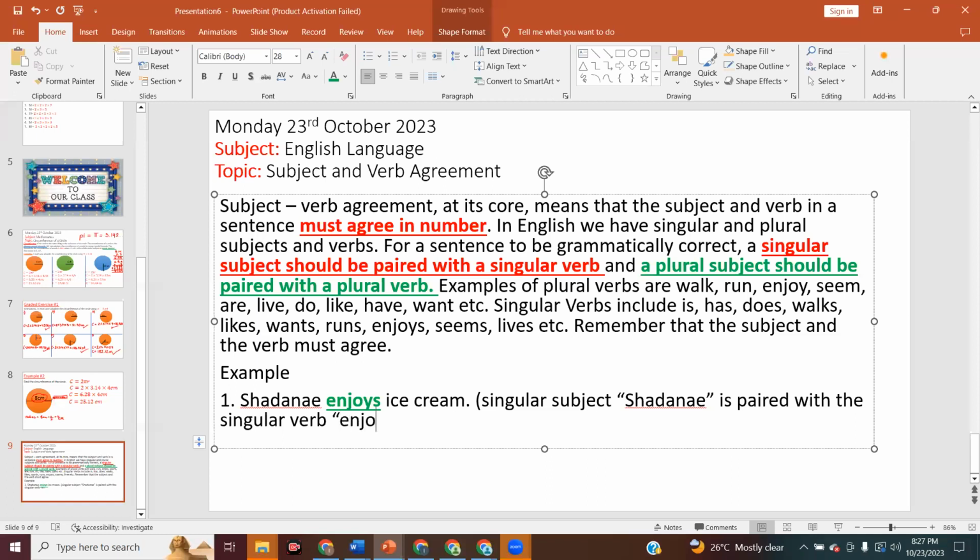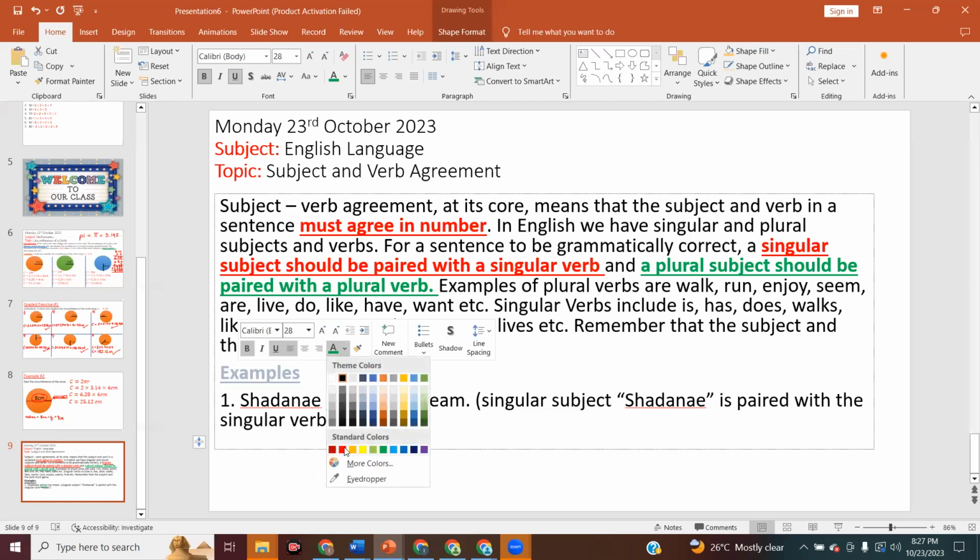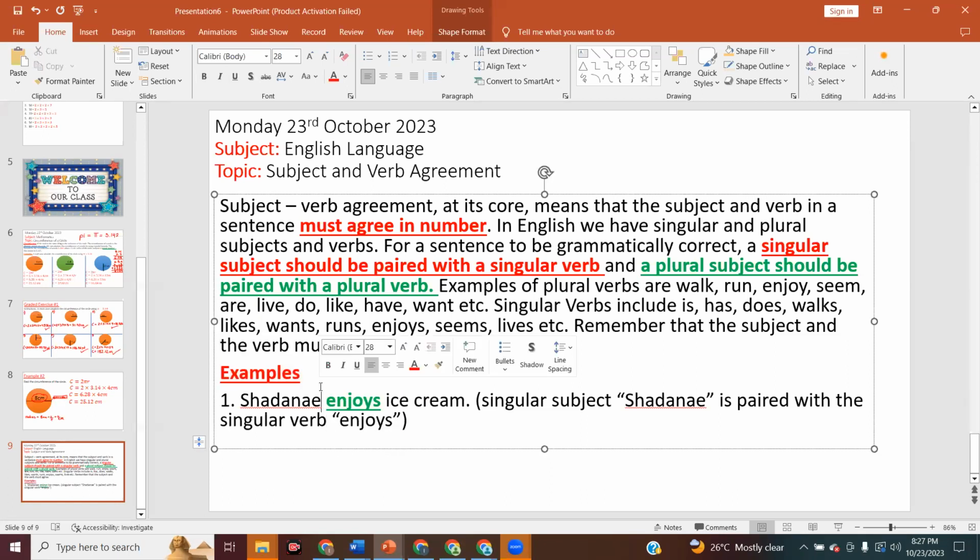Very good. Does that make sense to you all? Okay, good. So if you have a singular subject, you must have a singular verb. Remember, singular verbs, weirdly enough, have S behind them. Okay, that's kind of weird.